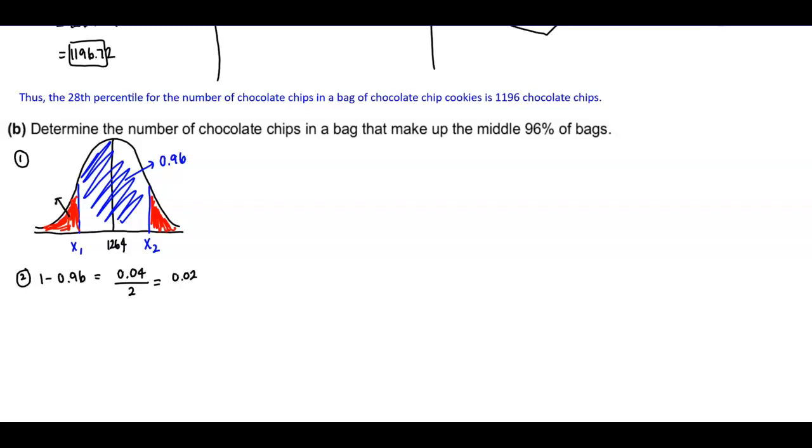So that means that this area is 0.02, and we know that this area is 0.02. So in order for us to find x1, we're going to use the calculator function of INV norm. We know the area to the left of that is 0.02. We know that our mean is 1264, and we know that the standard deviation is 116.